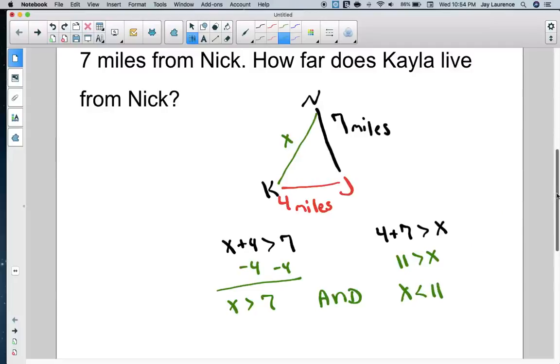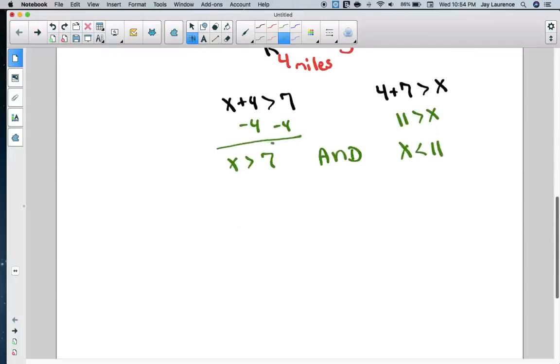And if I look at this compound inequality here, I see that x has to be greater than 7.